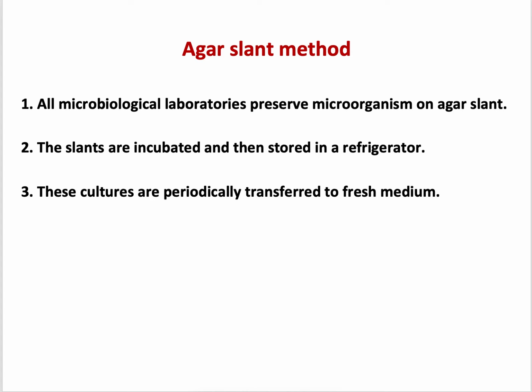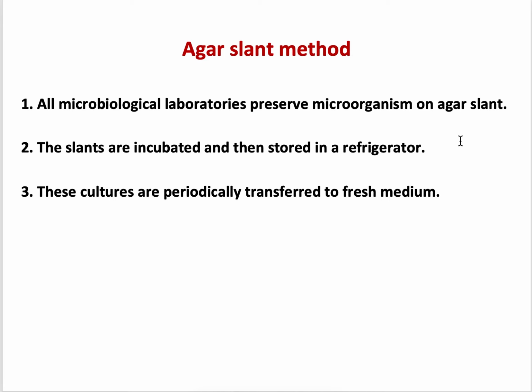At that time, we usually use agar slants. First we prepare the agar slant, inoculate it with our culture, that is our microbes, and incubate overnight, around 16 or 20 hours. Then we put it in the refrigerator.